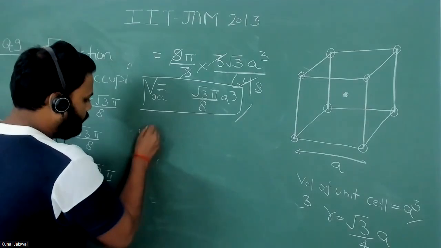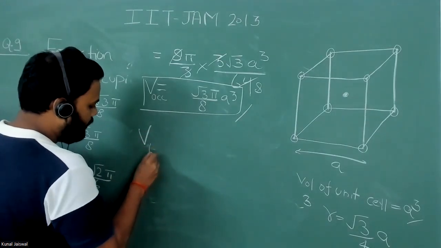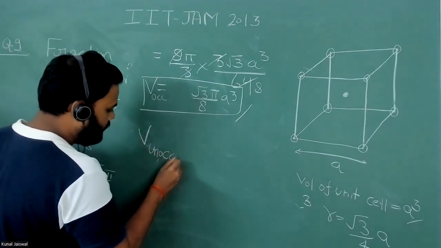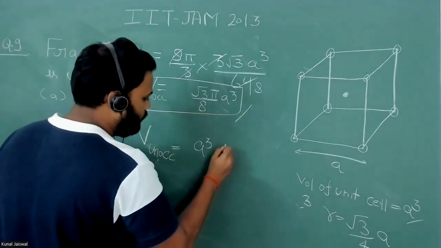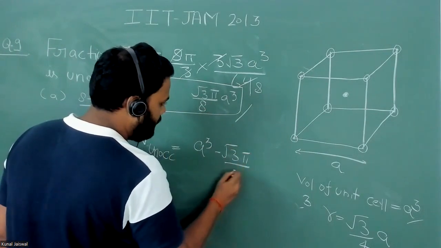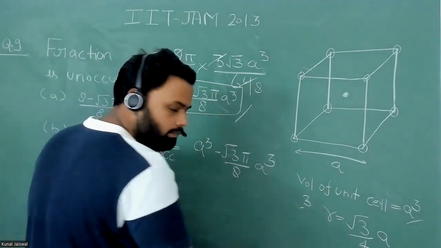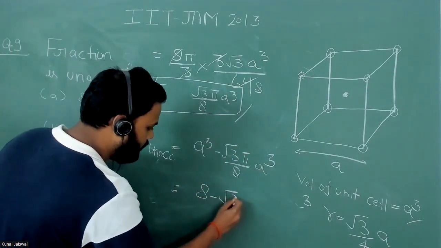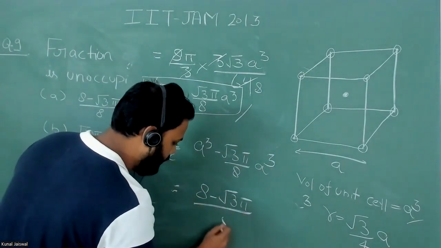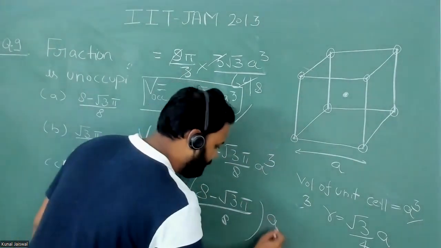So the volume which will be unoccupied will be a cube minus root 3 pi by 8 a cube. A cube will be common, and it will be 8 minus root 3 pi by 8 a cube.